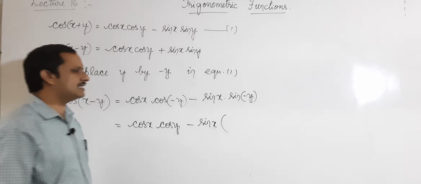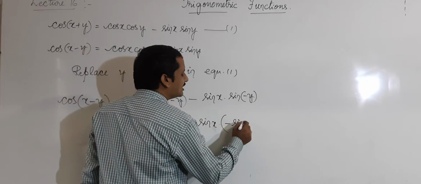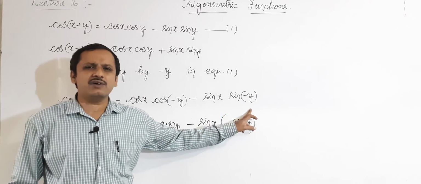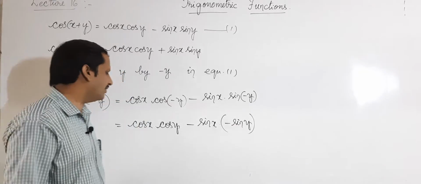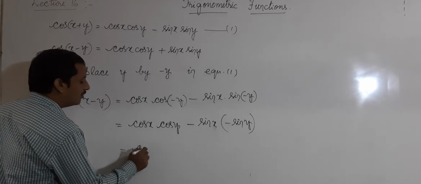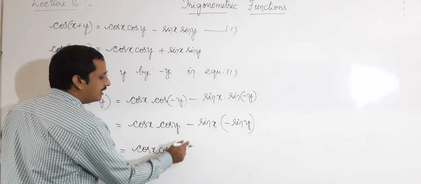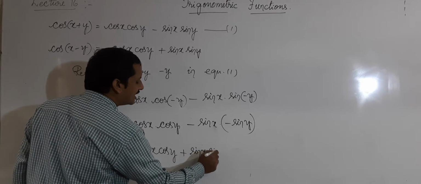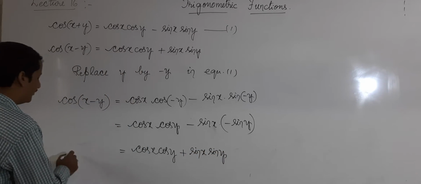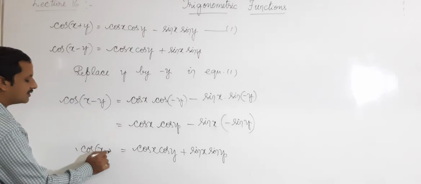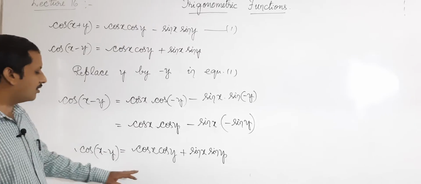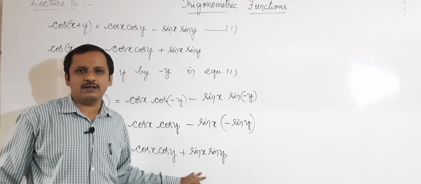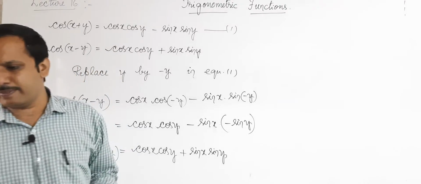Sin of minus y is equal to minus sin y, as you know, sin of minus theta is equal to minus sin theta. So, this is equal to cos x cos y, and here minus sin x into minus sin y will become plus sin x sin y. So, we have the formula cos(x - y) is equal to cos x cos y plus sin x sin y. Okay. This formula you have to remember.